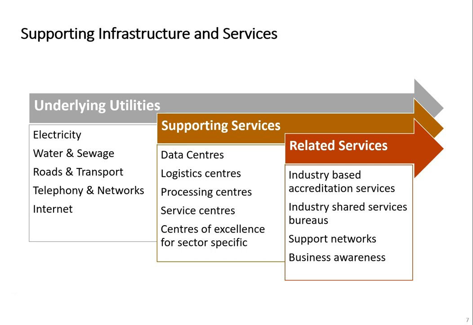The supporting services are often business derived, using the underlying services to provide the related services. Governments may be part of the demand for supporting services, as well as provide some of its own supporting services. The related services are often business supplied and driven.